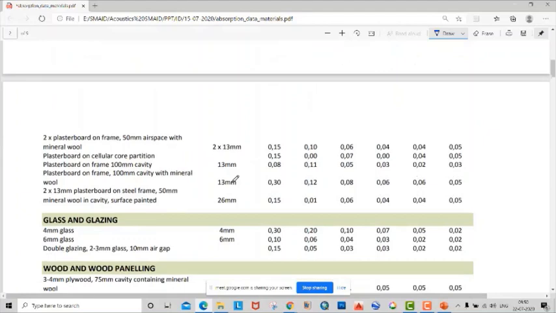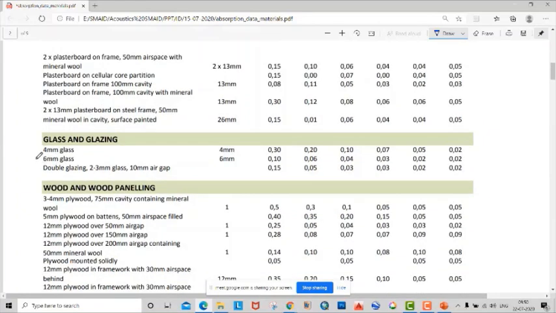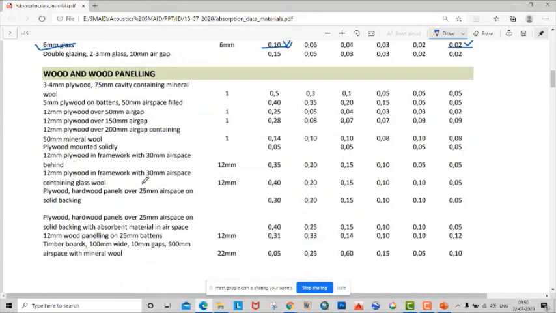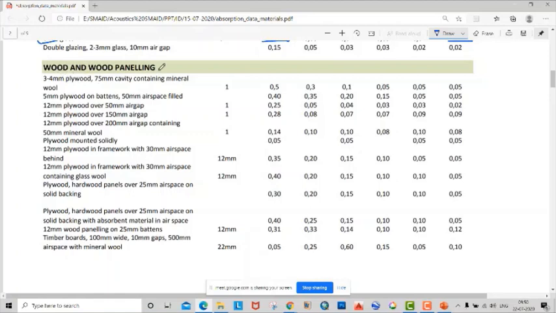Let's take an example of glass. If we have 6 mm glass, the sound absorption coefficient is 0.10, then that is again sound reflective material, and for higher frequency it is again acting as sound reflective material, right? Let's take wood paneling with air gap. Let's take 12 mm plywood with a 150 mm air gap, right? In that case, for lower frequency, you can see the sound absorption coefficient is almost 0.3.